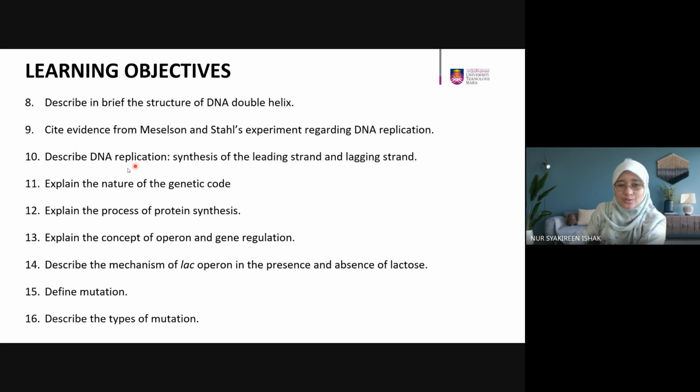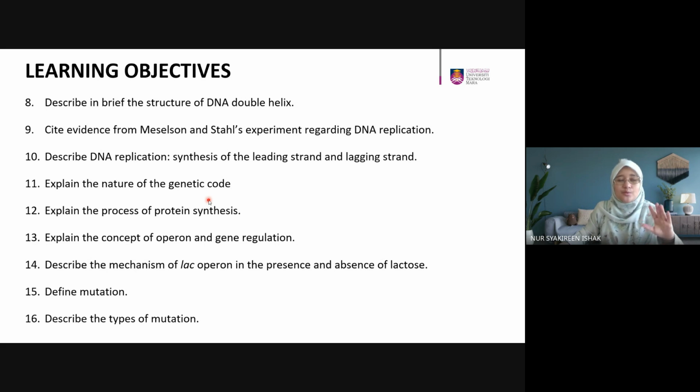DNA replication, also describe DNA replication, synthesis of leading and lagging strands, what is leading strand, what is lagging strand, how these strands are synthesized, explain the nature of genetic codes. So the component of DNA and also RNA, it has bases kan. Kita tengok ada adenine, guanine, cytosine, thymine.